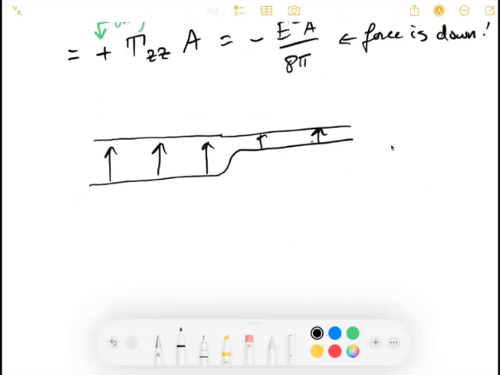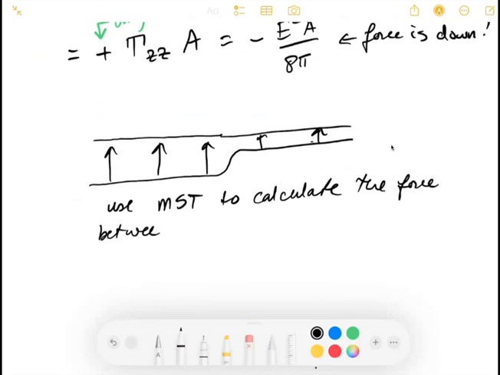And you can use the Maxwell stress tensor to calculate the force between these two conductors or charged objects. Right, so this is an electric field. Let's say this is positive, it's negative.